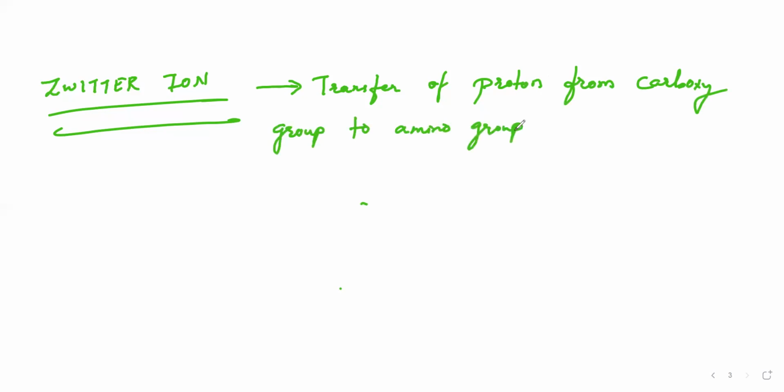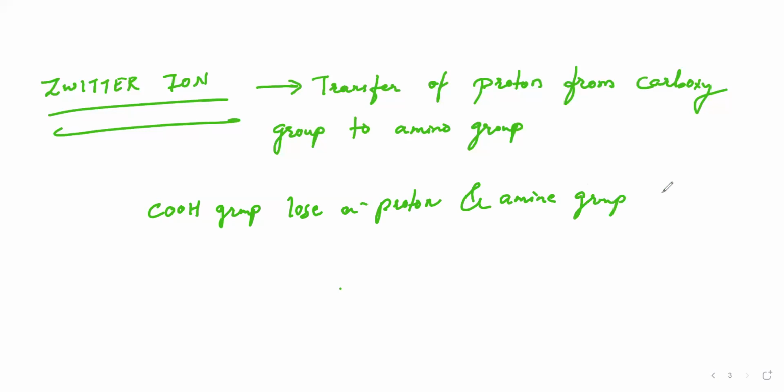What does this mean? It is the transfer of proton from the carboxy group to the amino group. Whenever a COOH group loses a proton and the amine group accepts it, then it becomes a dipolar ion.